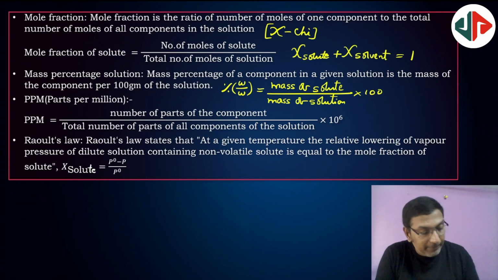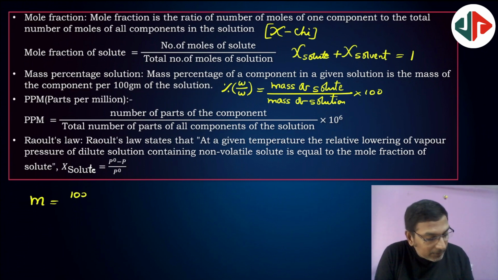Next, ppm, parts per million. Number of parts of component by total number of parts of all the components into 10 power 6. So 10 power 6 is million here. Next, here I will write one more relation. Relation between molarity and molality.